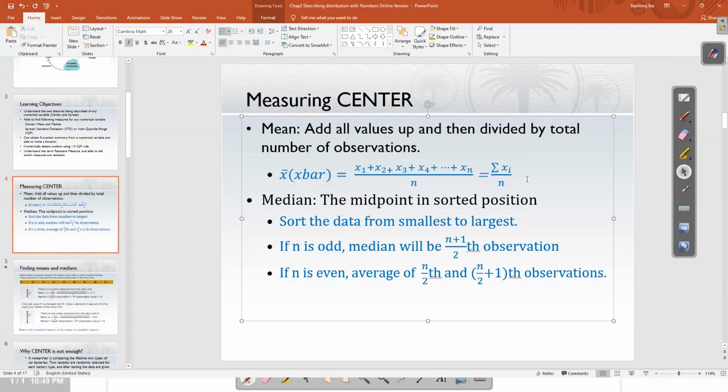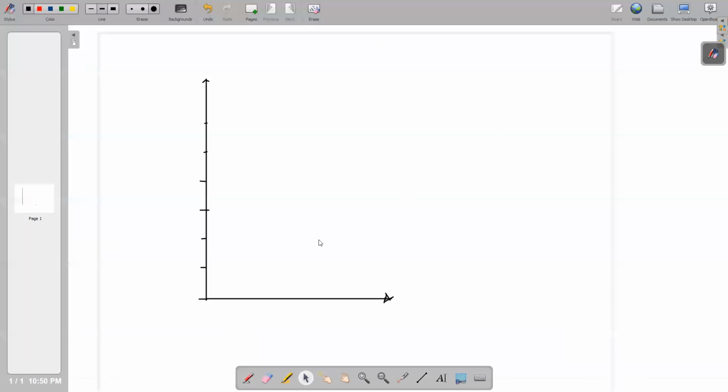So now let's talk about median. Median is the midpoint of data values. So if you have a bunch of values for your sample, then you just sort those values from lowest to highest. And then depending on whether the sample size is an even number or odd number, you have different ways of finding the median. So let's look at an example.